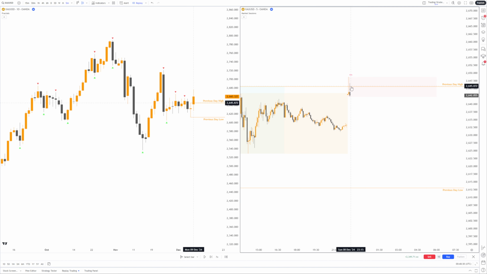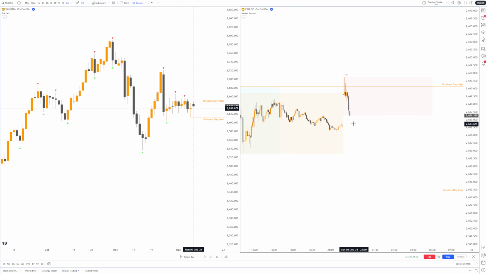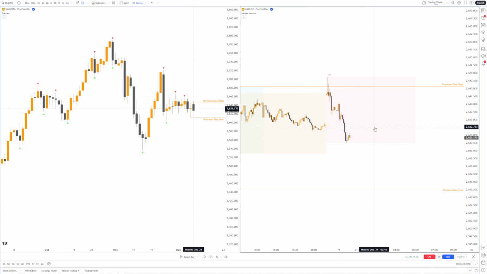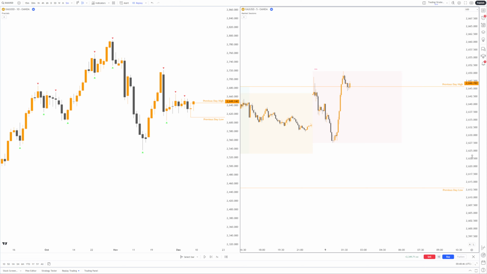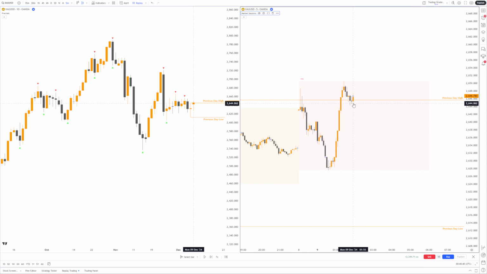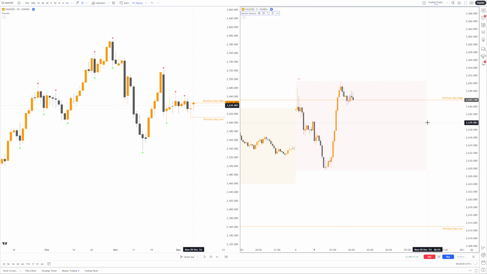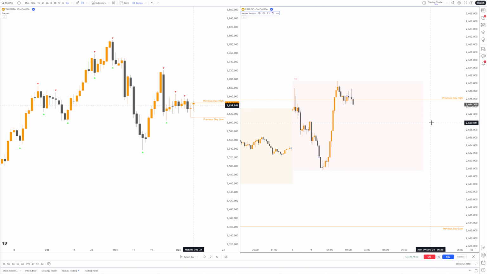What I also want to make sure of is that it doesn't meet our criteria, because it's a wick. No, we need a candle close. There, I've got a candle close. Stop loss.